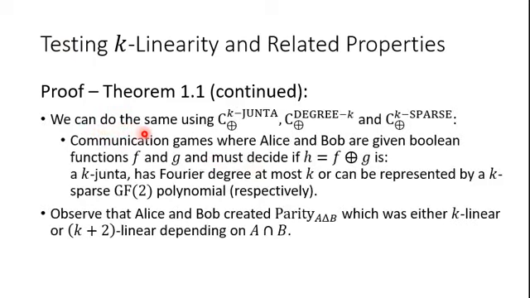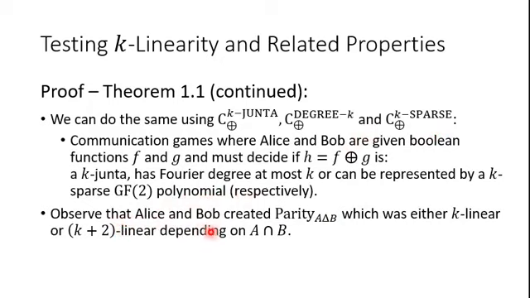So we can do the same reduction using the corresponding communication games for k-junta, for degree k, and k-sparse. So we'll define them as such. These are communication games where Alice and Bob are given Boolean functions f and g and must decide if h, which is f XOR g, is a k-junta, has Fourier degree at most k, or can be represented by a sparse F2 polynomial.